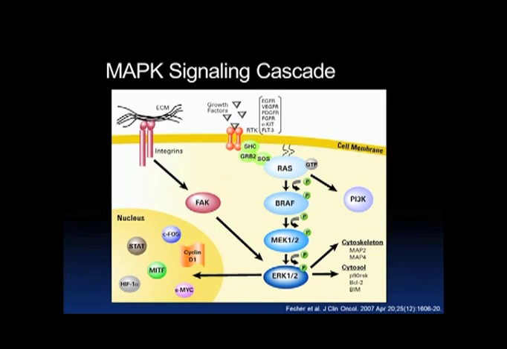And if you look at the MAP signaling cascade, this is basically where growth factors bind. That includes KIT. They activate RAS, which is also mutated in a large proportion of melanomas, which then starts the BRAF-MEK phosphorylation cascade. And this actually leads to increased survival and cell proliferation.